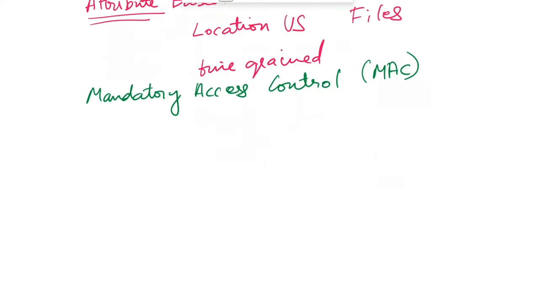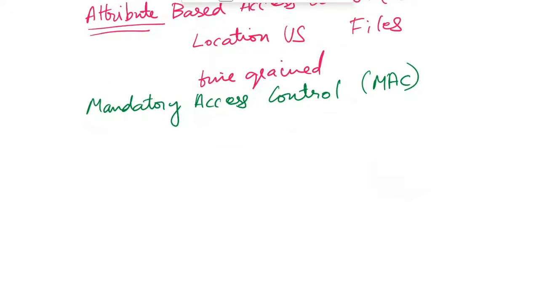The next non-DAC model is mandatory access control, that is MAC model. Okay, this is usually used in high security environments like government, military. Here, the access is provided based on the classification labels. Users usually have labels assigned to them based on their clearance level. Okay, that is a form of privilege that is provided to that particular user.